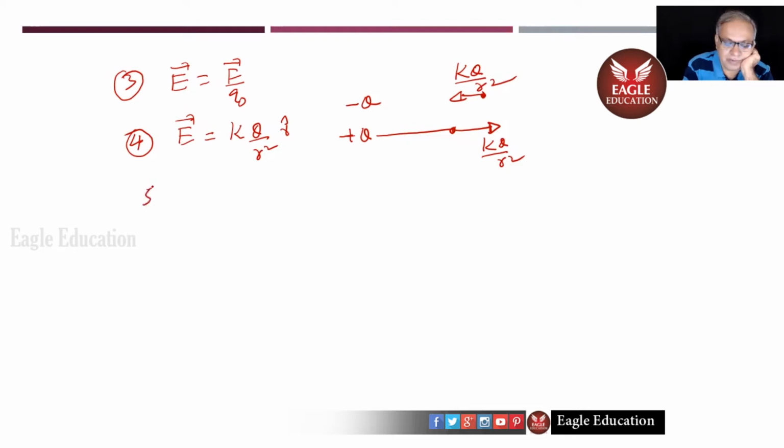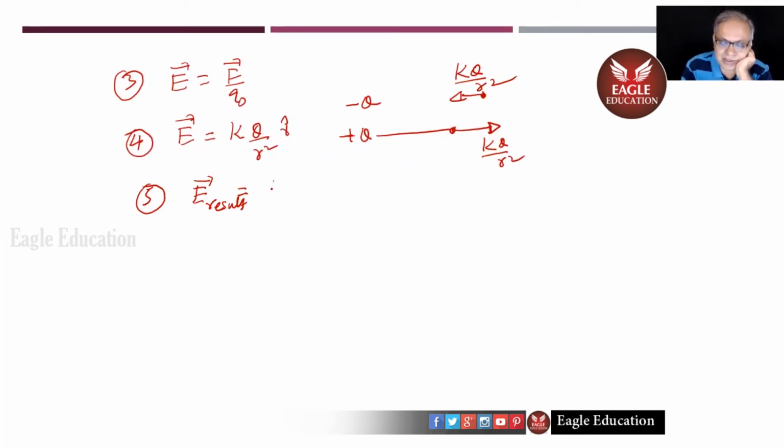5. E resultant is equal to, look, every formula is used, every formula has a set of problems below it. Try to understand. Every group of problems will be connected to one formula like this.